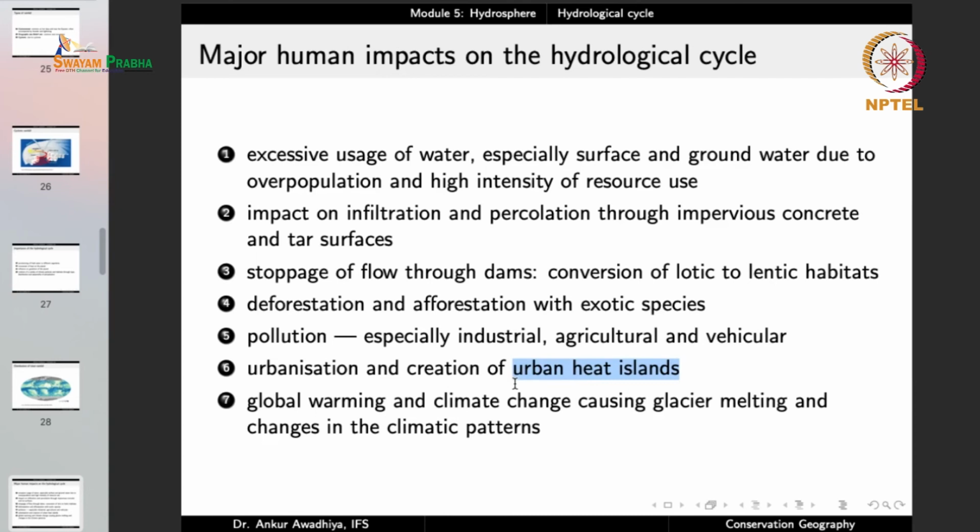Another impact is global warming and climate change, that is causing the melting of glaciers and changes in the climatic patterns. So through global warming, we are changing the temperatures of the planet. The planet is becoming more and more warmer. We are changing the wind patterns. We are changing the places where rainfall used to happen.